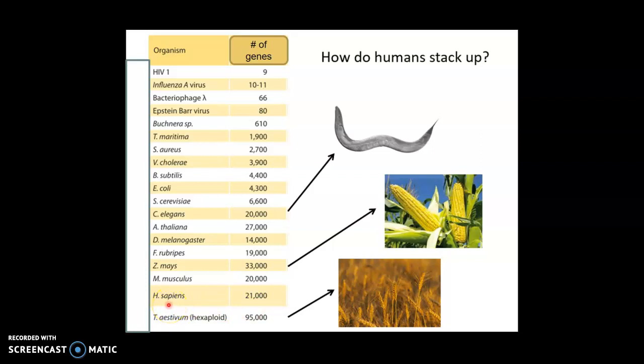And that's only a bit more than M. musculus, which is a mouse, or even C. elegans, which is an earthworm. So we only have about 1,000 more genes than an earthworm. And even something that we would consider very simple, like wheat, for example, has 95,000 genes. That's almost 5 times the number of genes that we have.